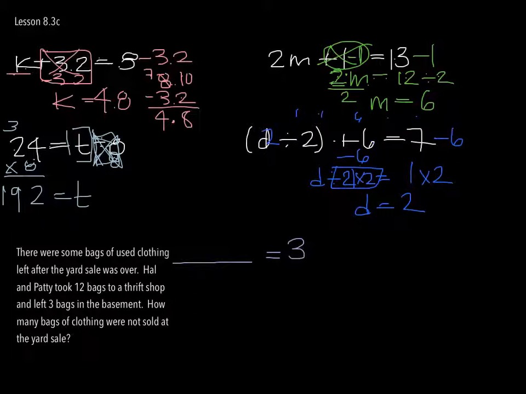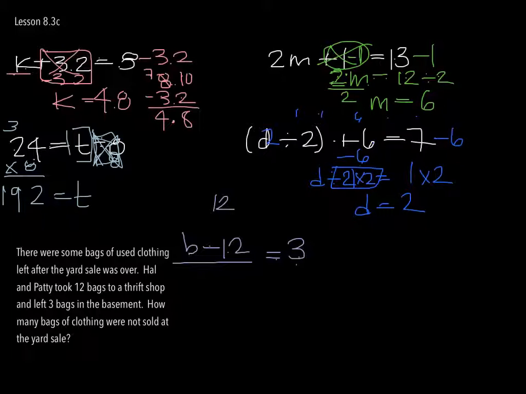Well, we know that 12 were taken, and after 12 were taken, 3 were left. So we have a number beforehand, so we have b, the number of bags originally, minus the 12 that were taken to the thrift shop, would equal 3. That's what we're left in the basement.